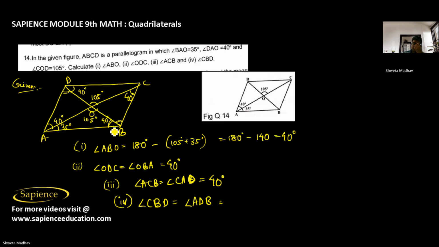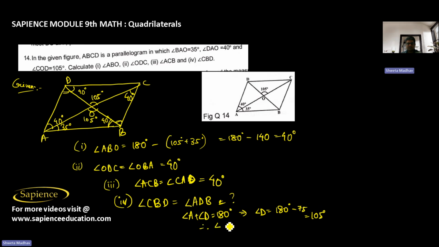Now angle A plus angle D is equal to 180 degrees, since they are co-interior angles, so angle D is equal to 180 degrees minus 75 degrees, which is 105 degrees. Therefore, angle ADB is 105 degrees minus 40 degrees, which is equal to 65 degrees. So angle CBT is 65 degrees.